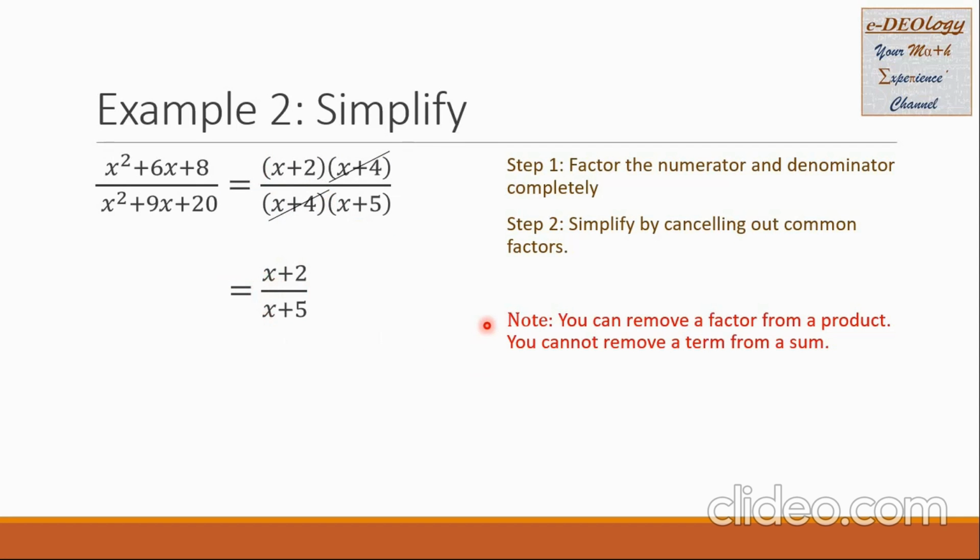You can remove a factor from a product. You cannot remove a term from a sum. It means in here the x and the x, we cannot cancel that because the x here is part of the sum of the numerator. Also, the same way with the x in the denominator, it is part of the sum with a positive 5. So this is our final answer.